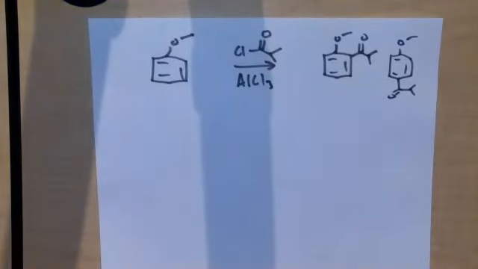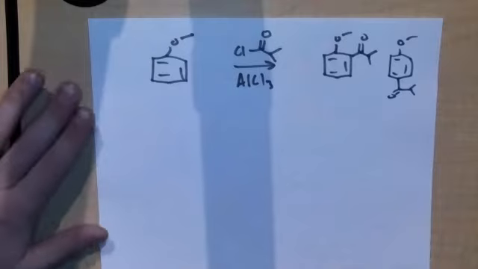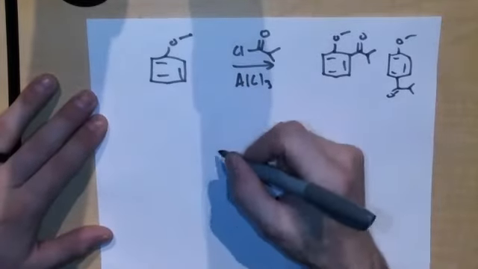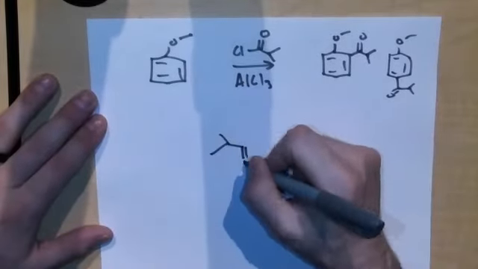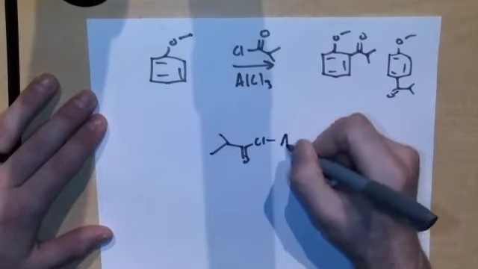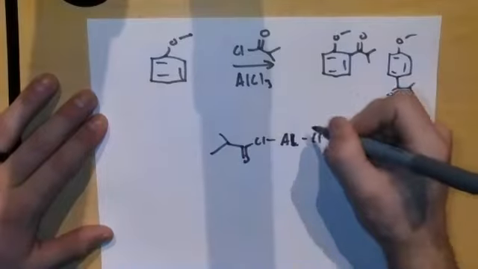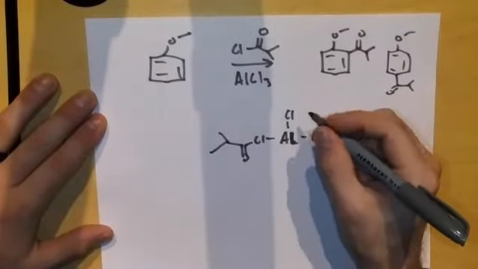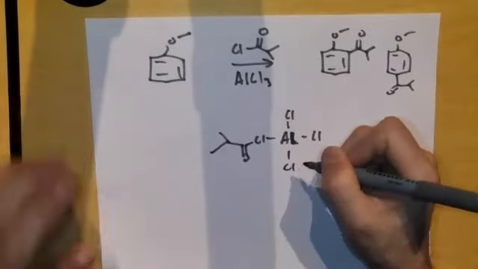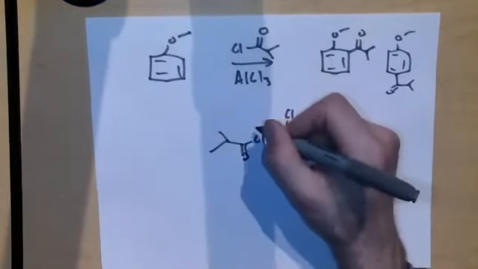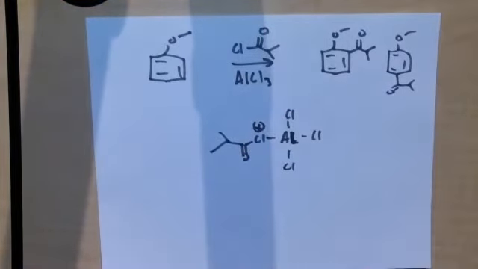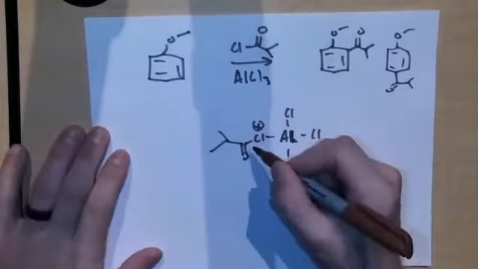We'd end up with these two products here. The way it's going to work is the same way that alkylation works. We'll make a complex, our complex will fall apart.